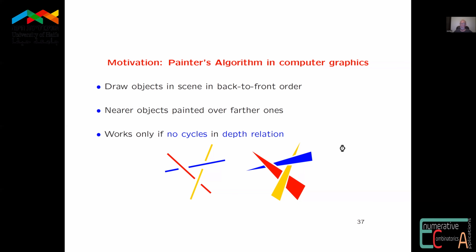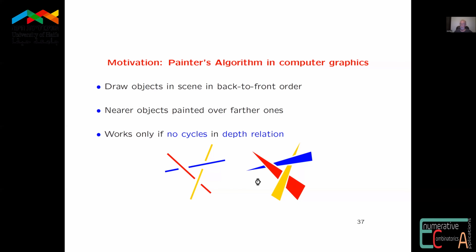It says order the triangles by how far they are from you and draw them on the screen one by one. So start, I don't know, with a red triangle, and when you want to draw the yellow triangle, draw it on the red, so it will paint over the red and hide it, and then comes the blue and you paint it over the red, but of course you get stuck because there is a cycle.